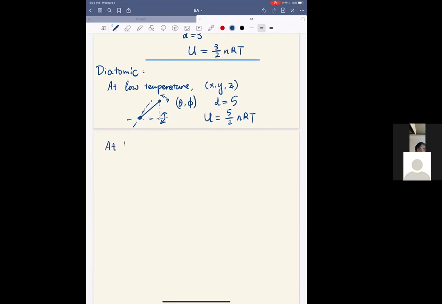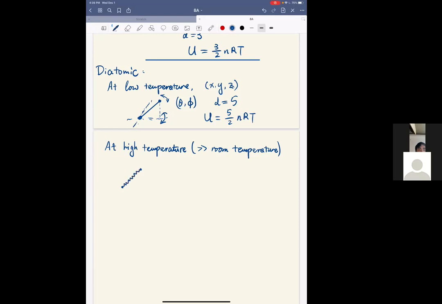At high temperature, which is usually a lot larger than room temperature, we can describe the diatomic molecule by a rod, but that picture is too simplified.